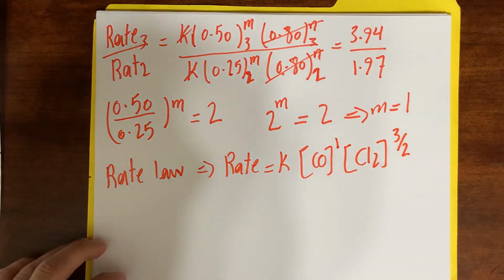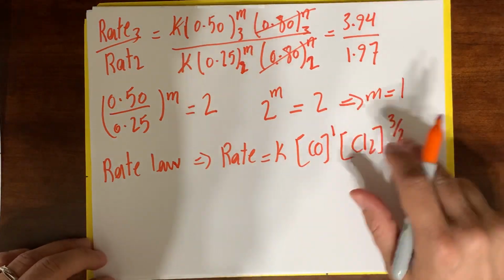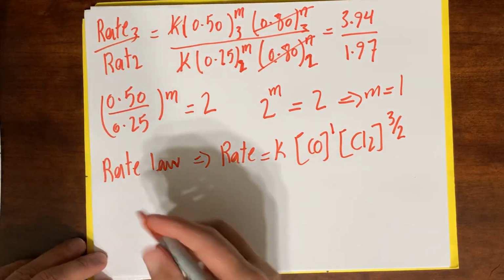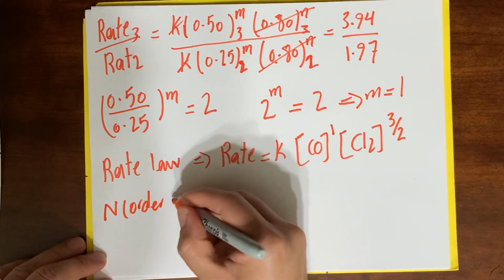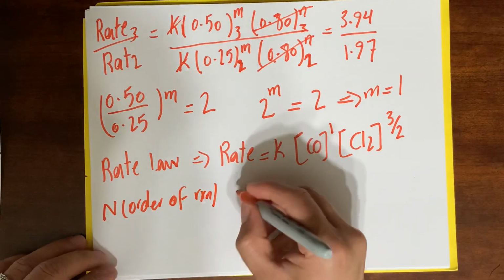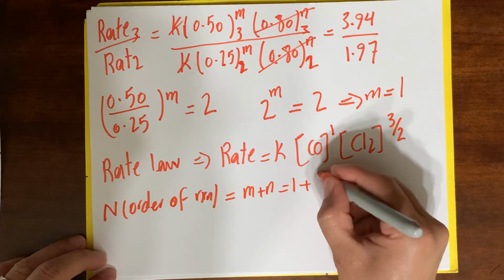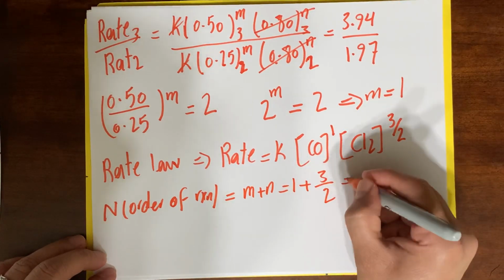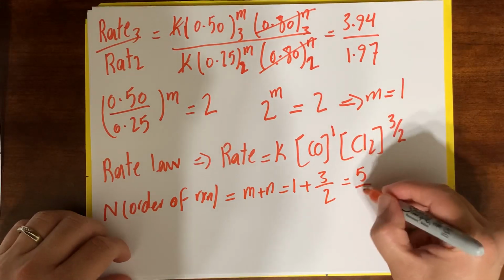Okay, this is really nice, because when it comes to the unit of k, you have to add these two first. And let's find the order of reaction. It will be m plus n, 1 plus 3 over 2. That's going to be 5 over 2.